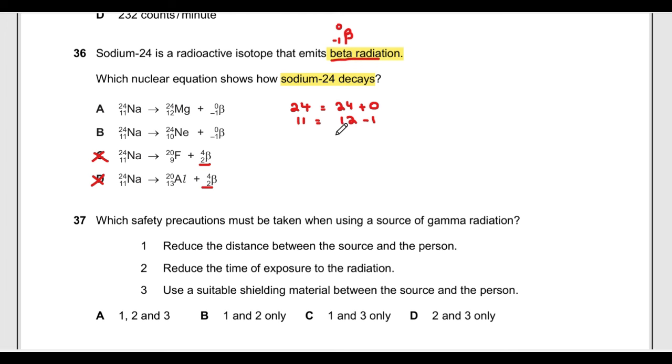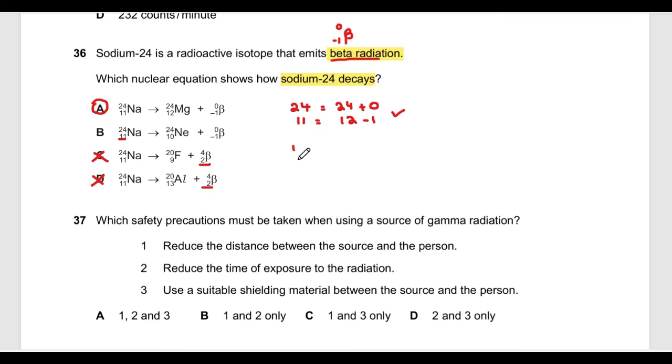So 12 minus 1 is 11. That means this equation is also balanced. So option A is correct. If we see B, the atomic number on this side is 11, and on the other side it's 10 and -1, which will give you 9, and this will not balance the equation, so it is wrong.